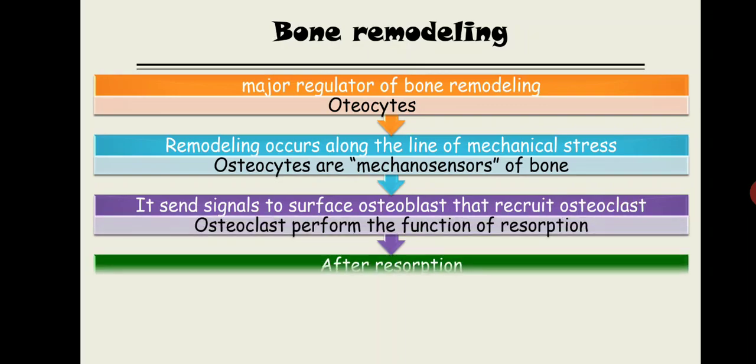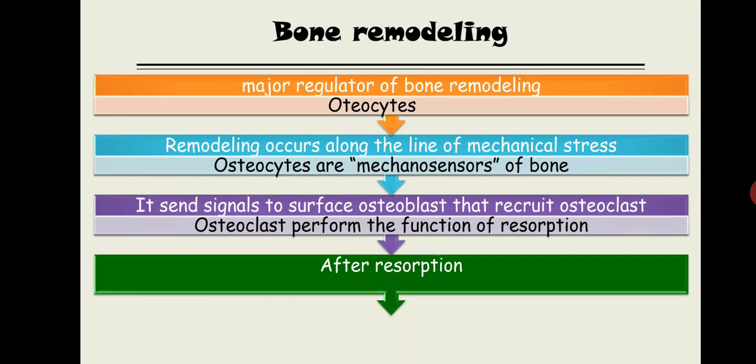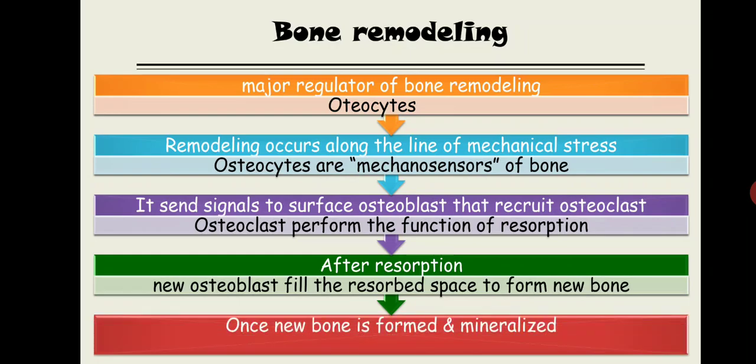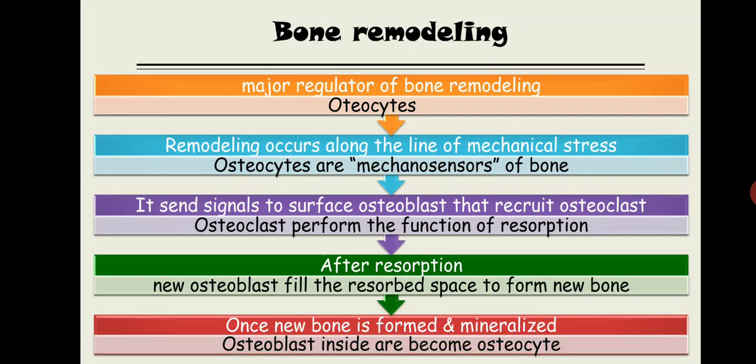Once the resorption is performed, new osteoblasts will fill that resorbed space to form new bone, and once formed, it will be mineralized, and the osteoblasts inside will become trapped and converted into osteocytes. That's all about bone remodeling. So for bone remodeling, we first have to activate resorption.